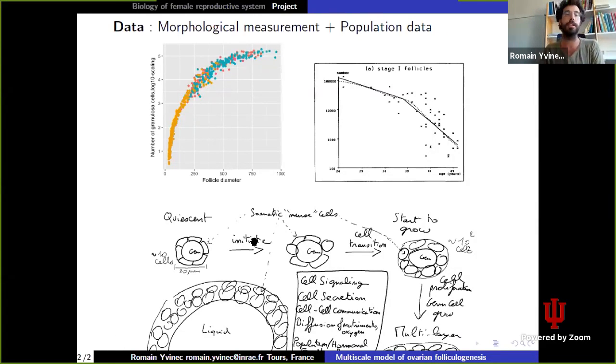And a few words on the data that we can get. There's very little data, and in particular no kinetic data on this kind of object, which is very difficult to measure in vivo. But we can have morphological measurements, snapshots in given individuals, either in humans or in sheep or in rats. You typically have a relation between the number of somatic cells and the diameter of the whole follicle, which can give you the size of the germ cells, the size of the cavity, and so on.